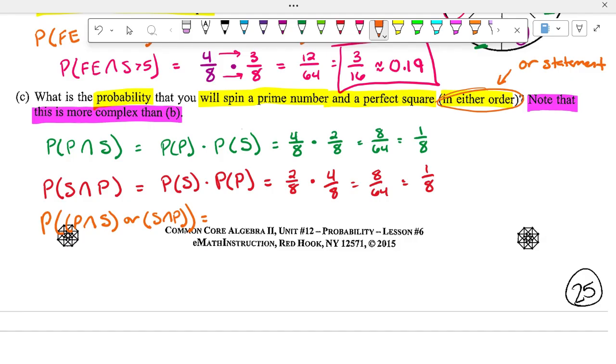So the prime numbers that were on that spinner were 2, 3, 5, and 7. The perfect squares were 1 and 4. Is there overlap? No, there's no overlap. So if there's no overlap, do we have to worry about subtracting out?